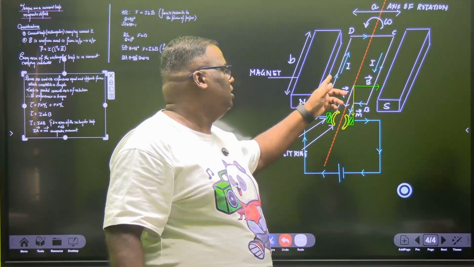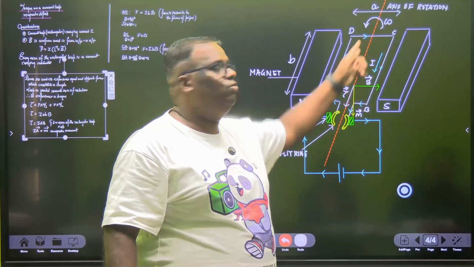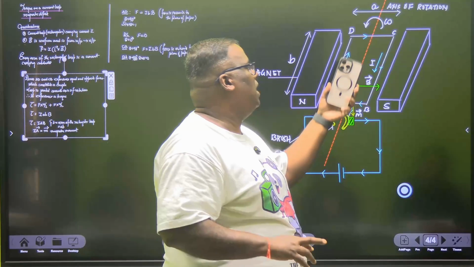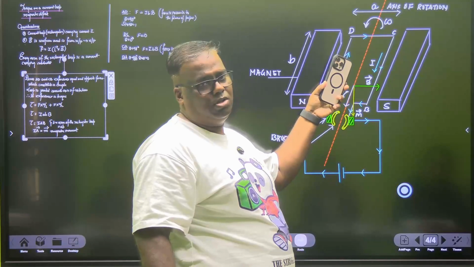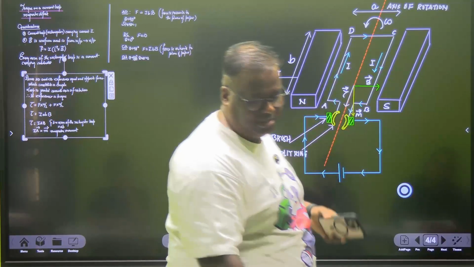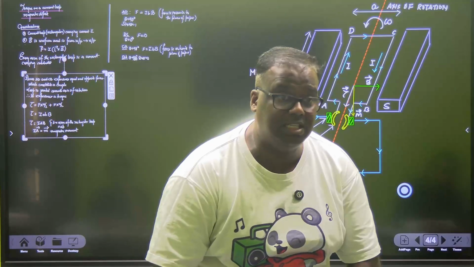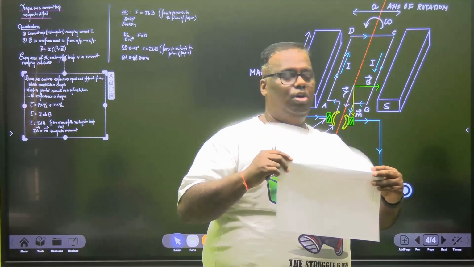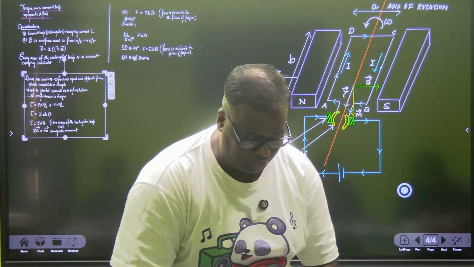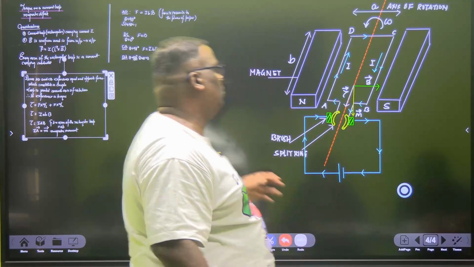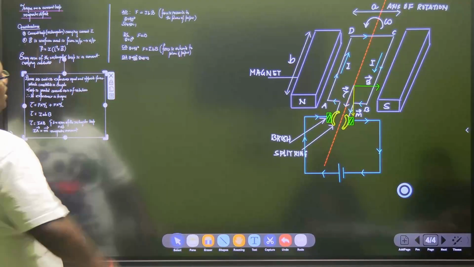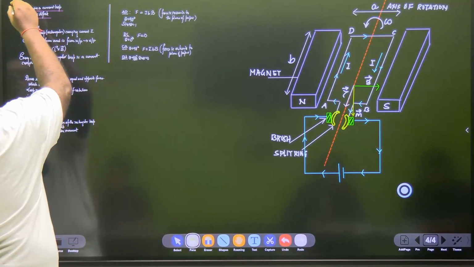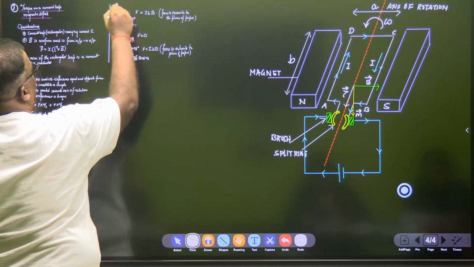In that condition, forces act only on these sides. There is no force on the others. You have taken a very biased case where your loop is like this. Your loop could have been like this also. Then the loop, or the area vector, makes an angle theta with the magnetic field. That will be the general case derivation. This derivation holds true only when the area vector is perpendicular.